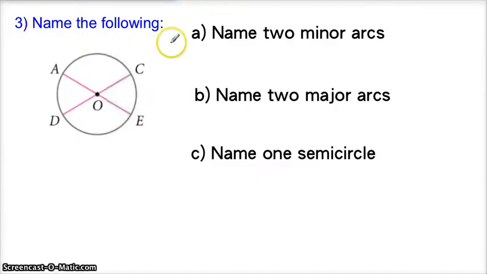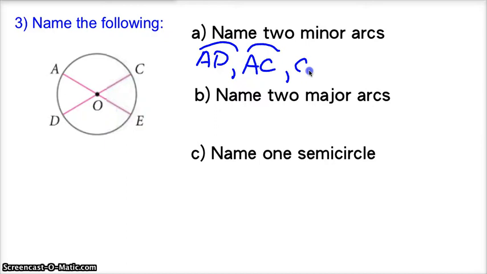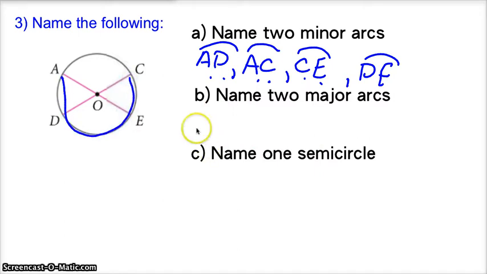All right, name the following. 2 minor arcs. Well, there's a bunch of minor arcs here. I see arc AD, 2 letters, AC, CE, and DE. And you could call these EC or CA or DA, just like with segments. Naming 2 major arcs: ADC.